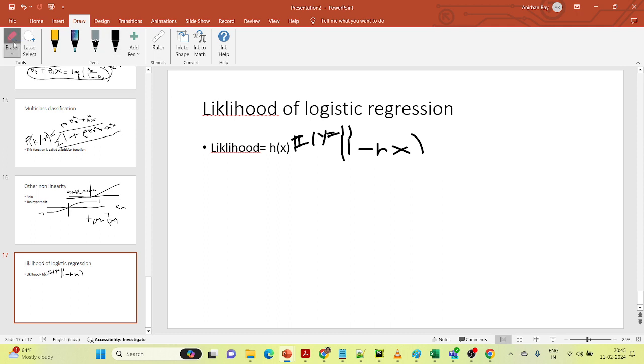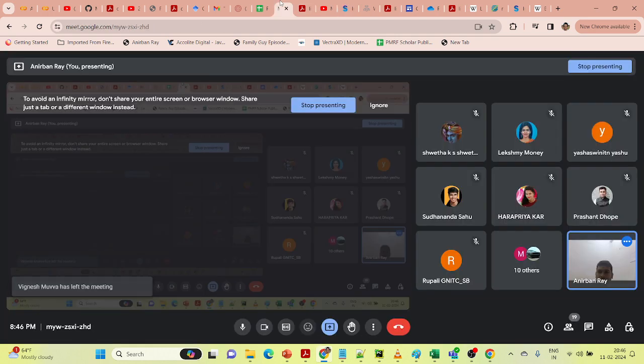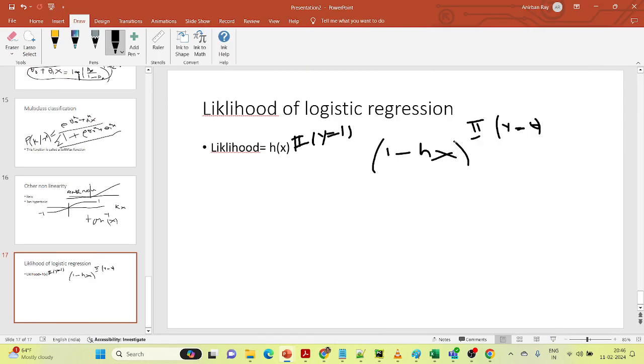And 1 multiplied by 1 minus h of x to the power of the indicator function, y equal to 0. Okay, can you understand this expression?